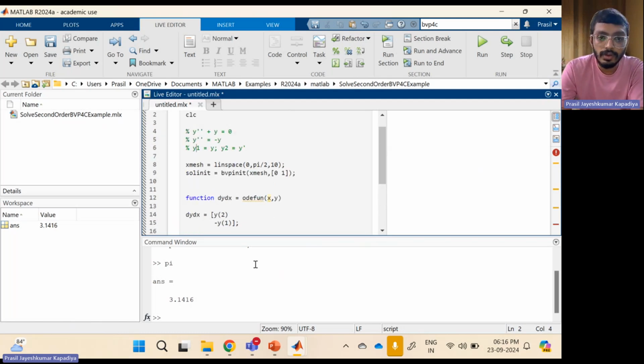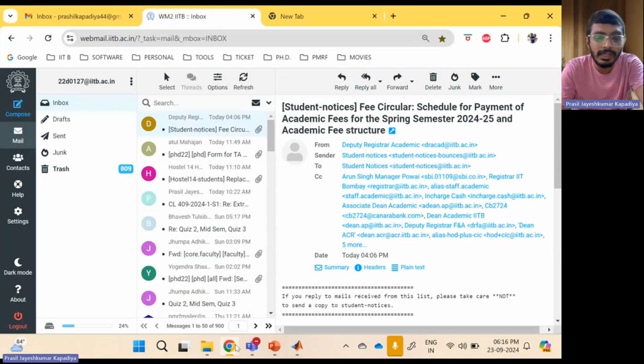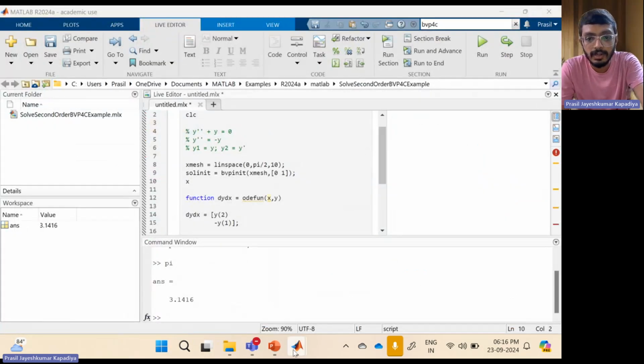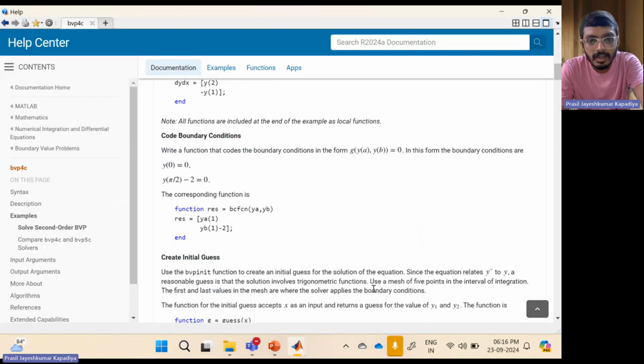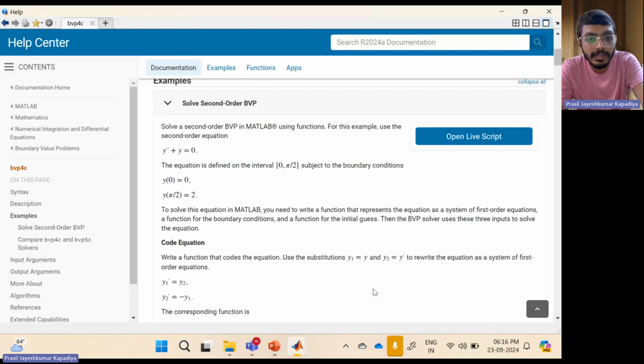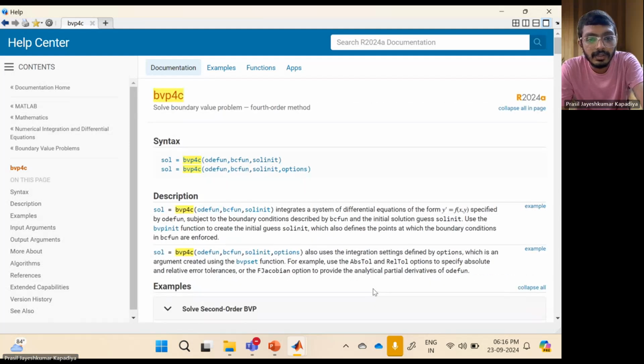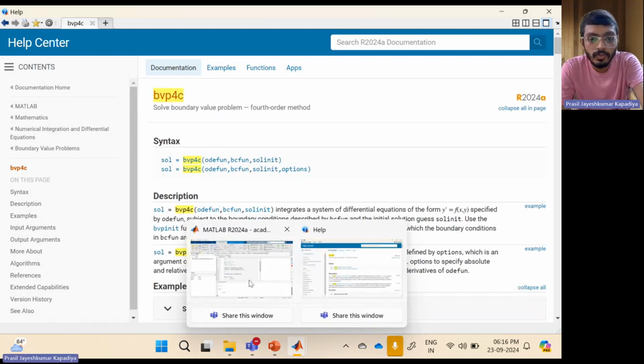Correct? So now to solve this equation, let's write whatever they are following. Let's do that only. Let me close this tab, it's not required. So for this, what are they calling it?